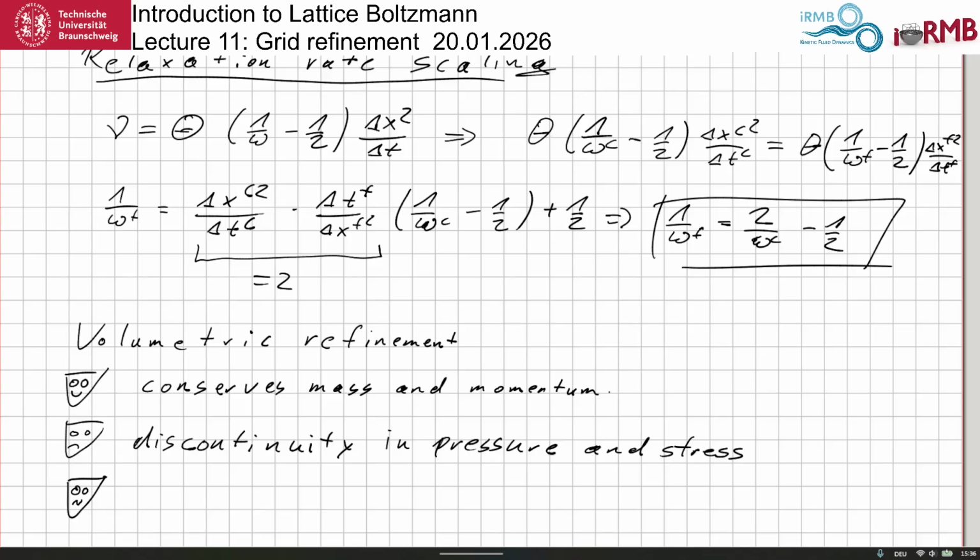This can be positive or negative. It is highly dissipative.